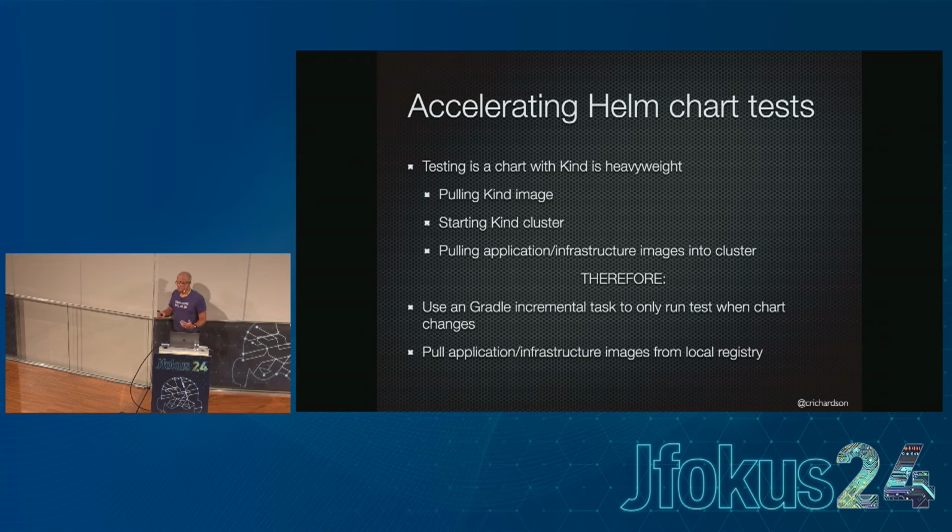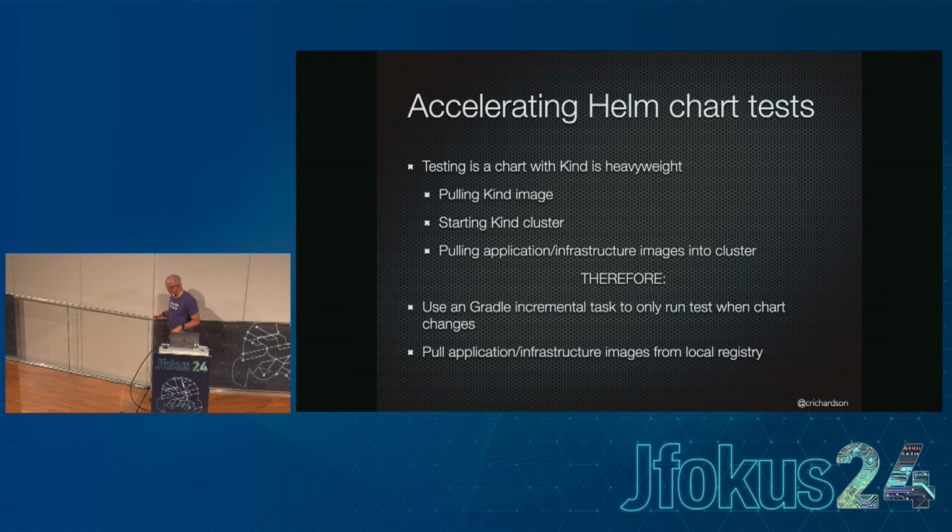But you can optimize it to use a Gradle incremental task to only run the tests when the chart changes. That's a useful optimization. And then you can use a local container registry as a cache of locally loaded container images, so the Kubernetes cluster isn't continuously pulling them down from the internet.